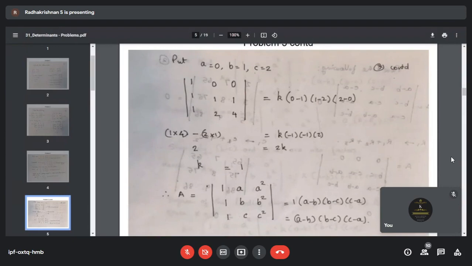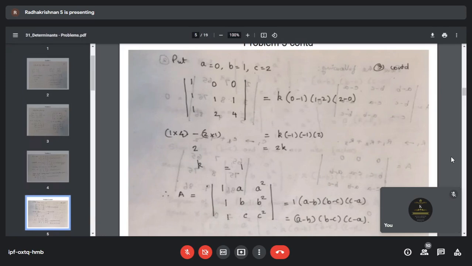Okay. So I have chosen A equal to 0, B equal to 1, C equal to 2. Substituting, it comes like this: the determinant 1 0 0, 1 1 1, 1 2 4. On the right hand side is K into 0 minus 1, 1 minus 2, 2 minus 0.